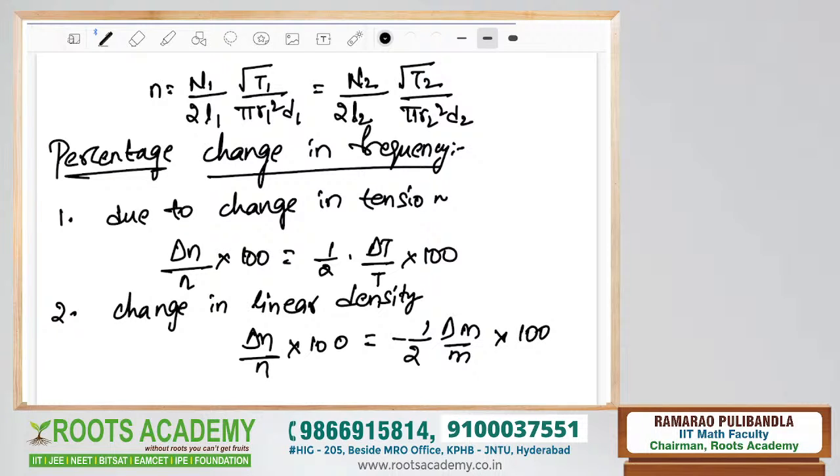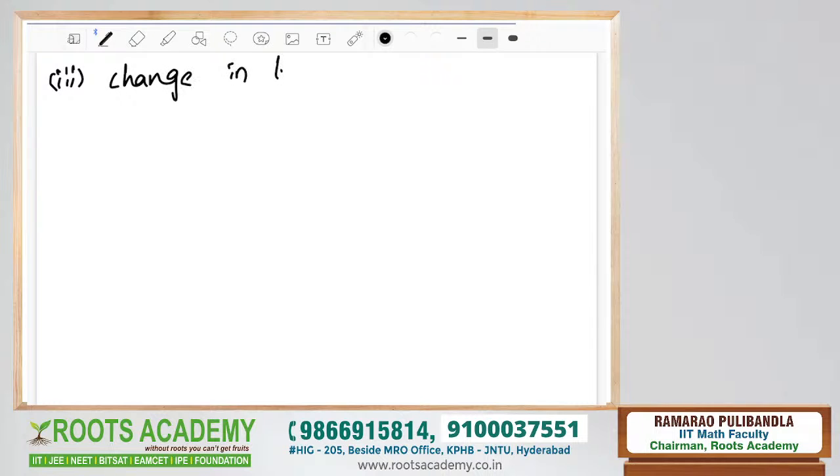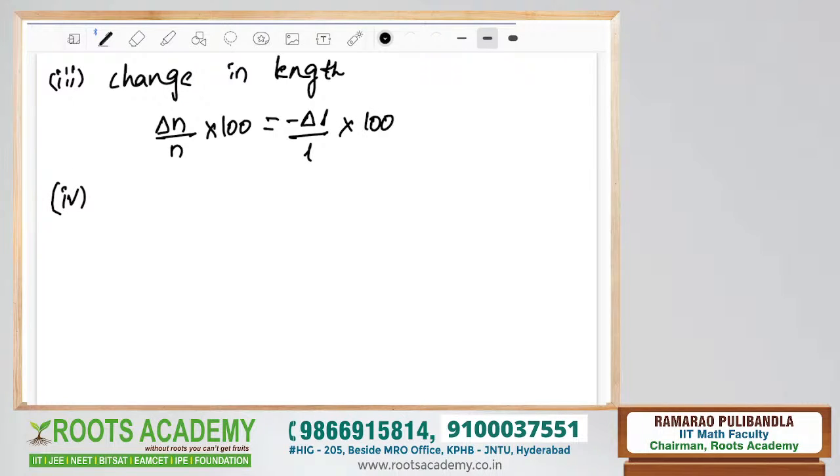So this is the case when there is a change in the linear density. And next one, if there is a change in length, then the frequency change delta n by n into 100 is equal to minus delta L divided by L into 100. So this is the case when there is a change in length, and when there is a change observed in the radius.